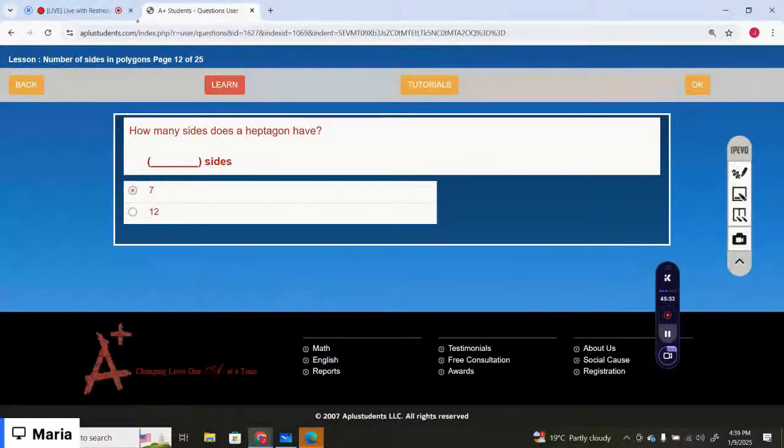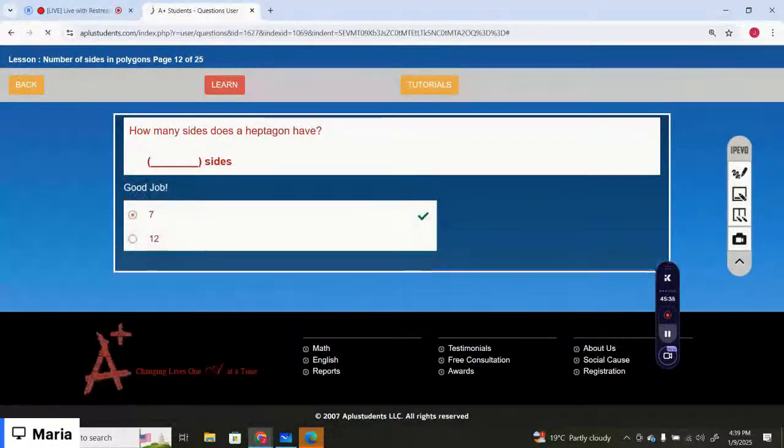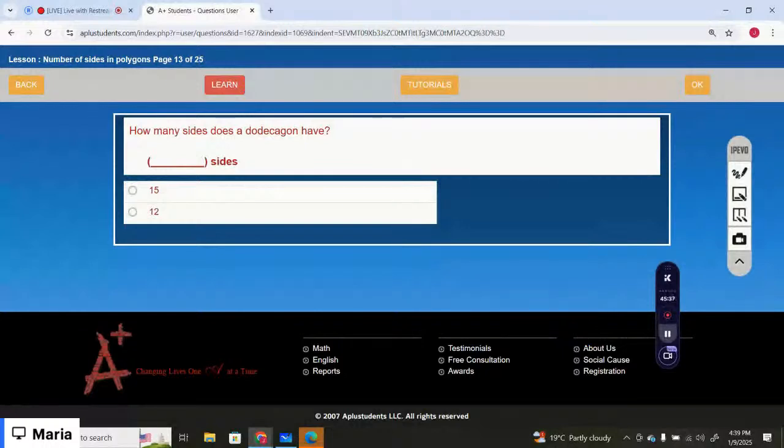The correct option is seven. How many sides does a dodecagon have?